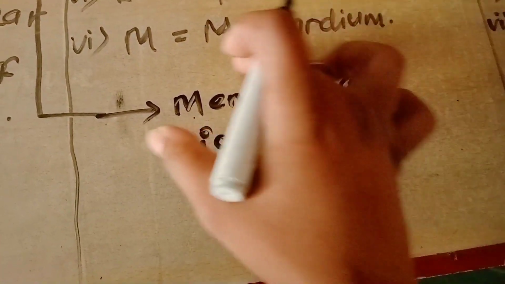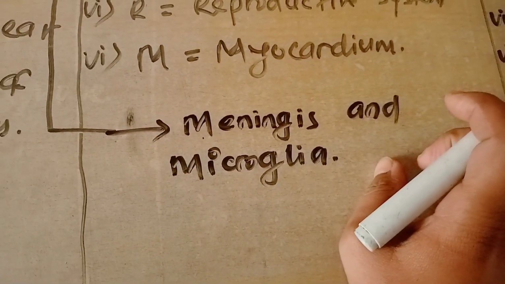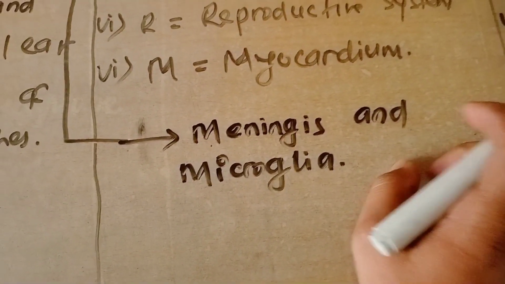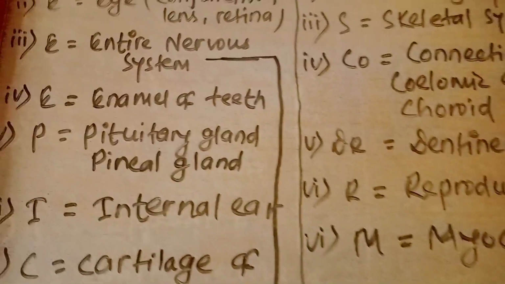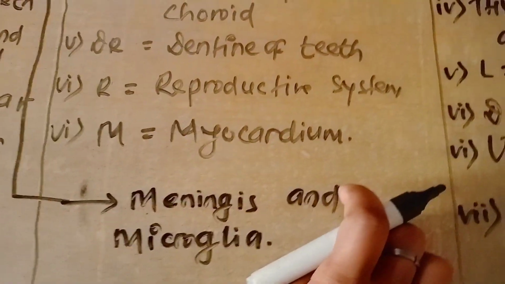These two also lie in the nervous system, but these are not ectoderm, these are mesoderm. So this is the exception of ectoderm: E for entire nervous system except meninges and microglia.